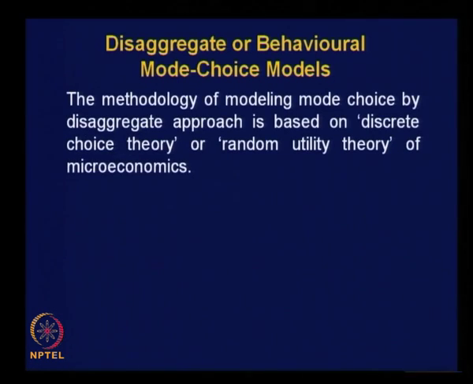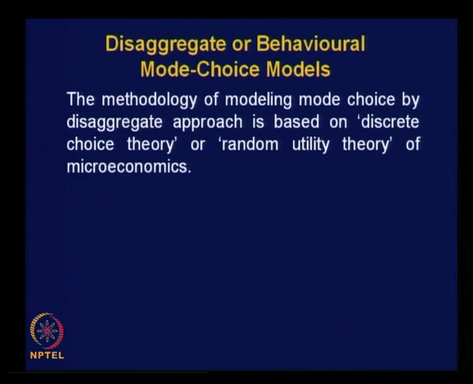The methodology of modeling mode choice by the disaggregate approach is based on discrete choice theory or random utility theory of microeconomics. This is the basis. Discrete choice theory comes into the picture here because we treat each individual as a discrete entity.